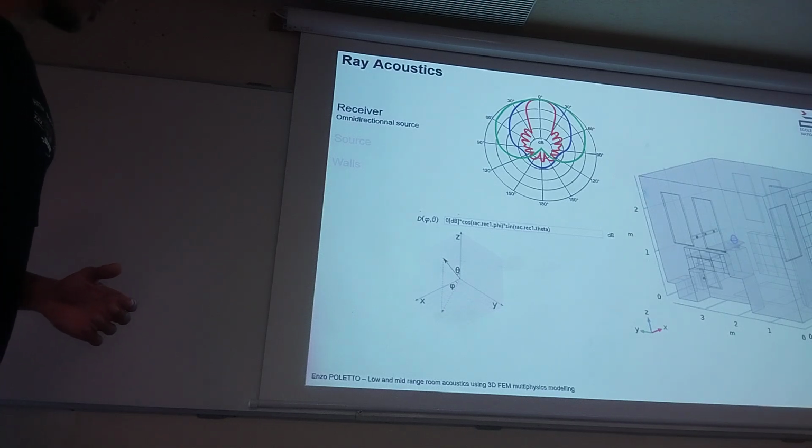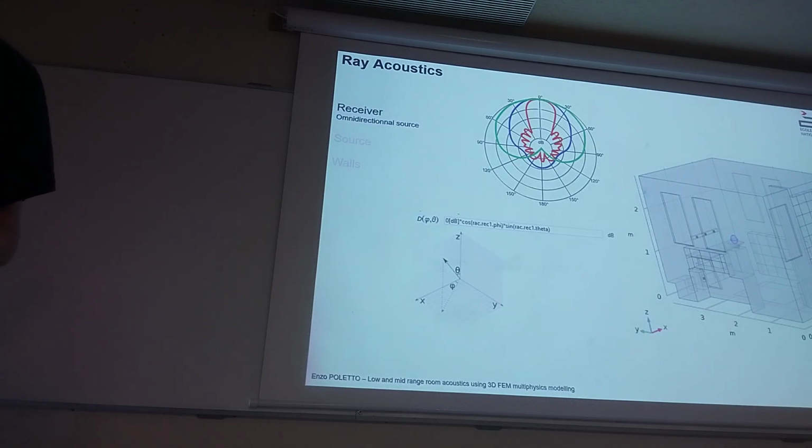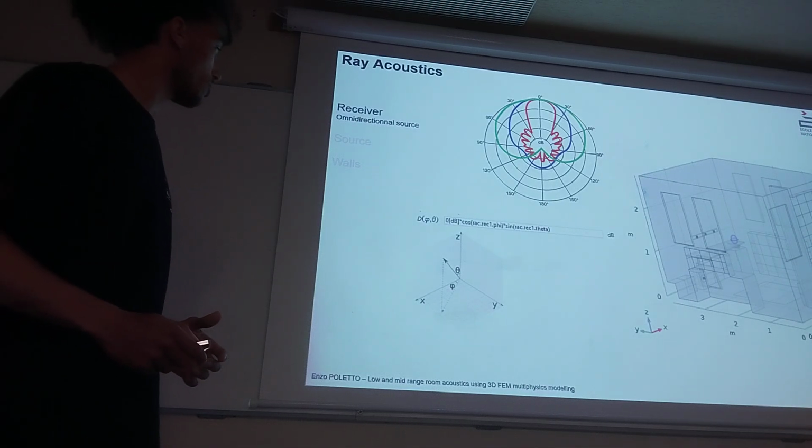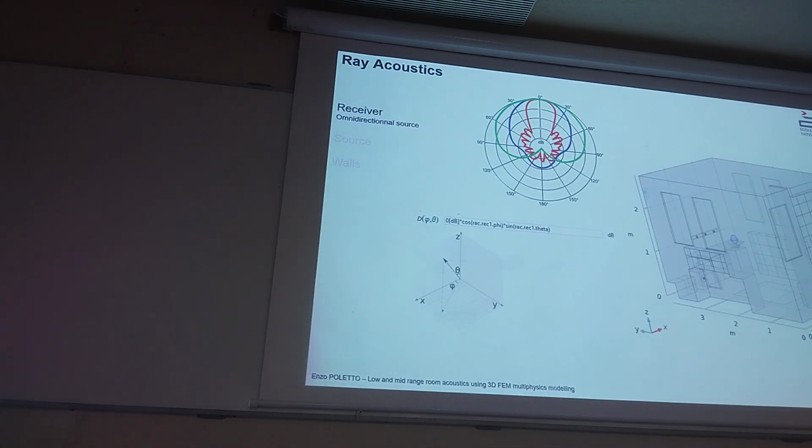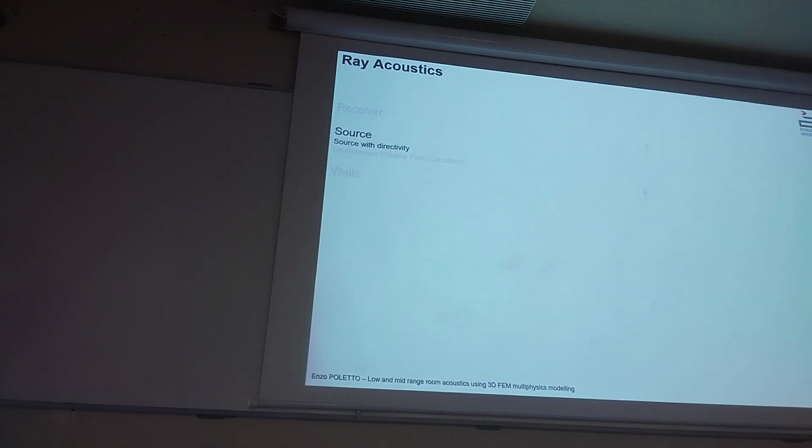But in our case, we're simply going to go with omnidirectional. It means that it's going to pick up sound from every direction the same way, which is in reality not exact, but for a first shot, that's what we're going to use. And there's the possibility to input a directivity in logarithmic scale, and describe every angle in accordance.